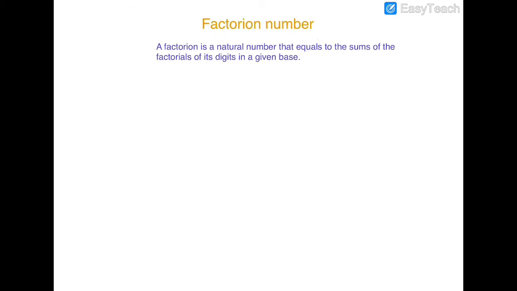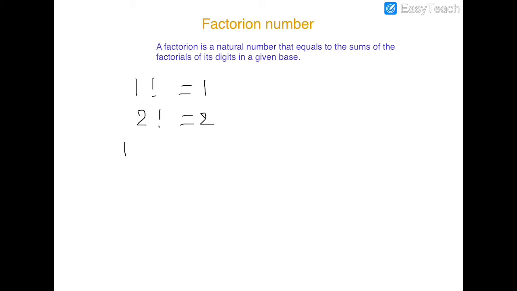Factorial number. A factorial number is a natural number that equals the sum of the factorials of its digits in a given base. See the example. If you take 1 factorial, you will get the same number. If you take 2 factorial, you will get 2.